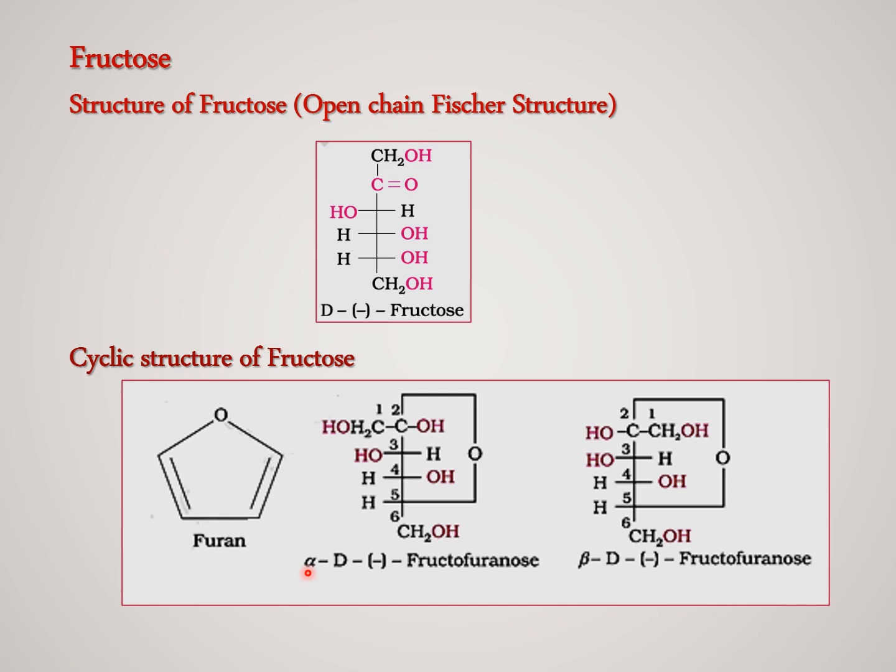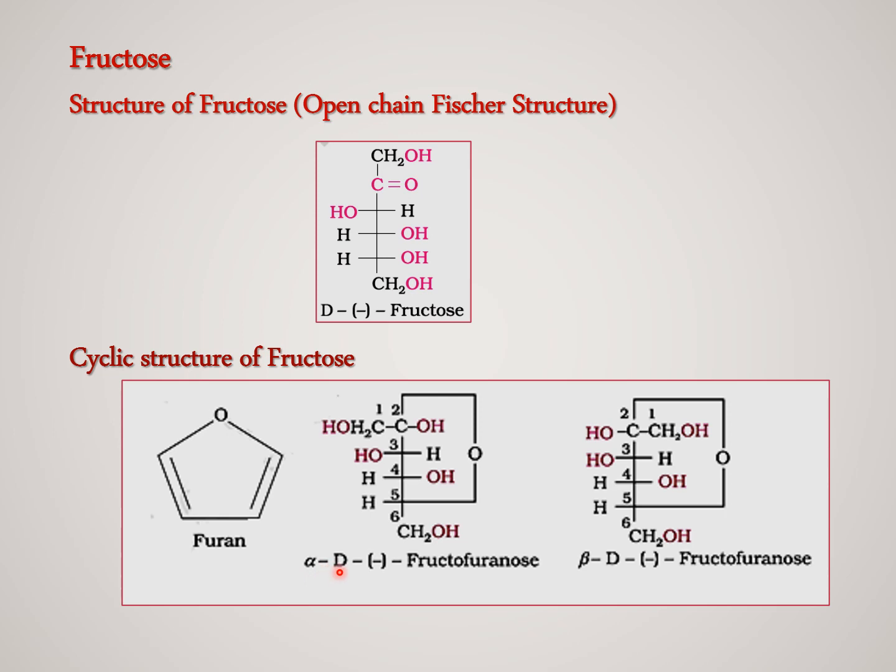Now, what is the anomeric carbon? Let us recollect. It is the carbon atom which was the functional group in the open chain structure and is involved in the ring formation now. So if the OH is on the right side, the structure is called alpha. The compound belongs to the D series.